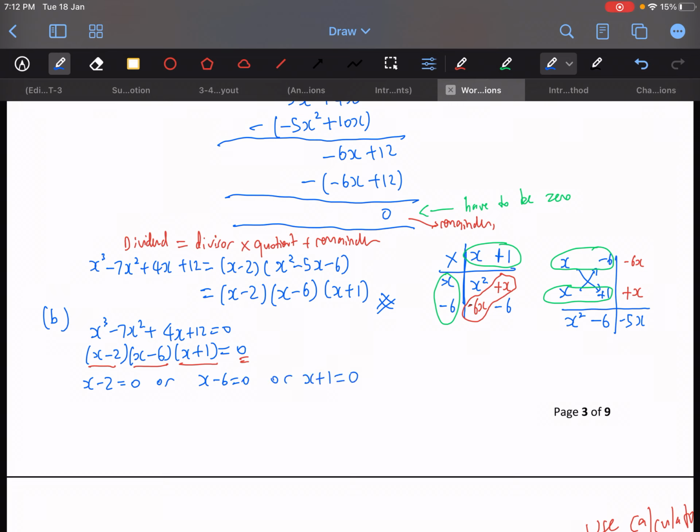Because if any one of them is 0, you multiply by any other thing, it's going to give you 0. That's the reason why we write it this way. And then we have x equals 2, or x equals 6, or x equals negative 1. This will be your final answer and will be the real roots for this equation.